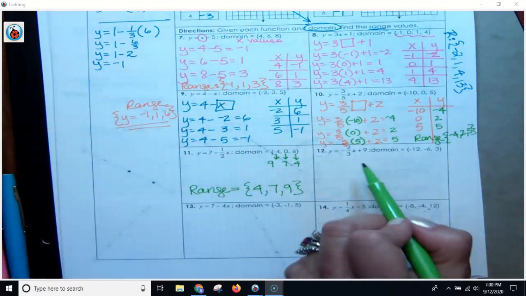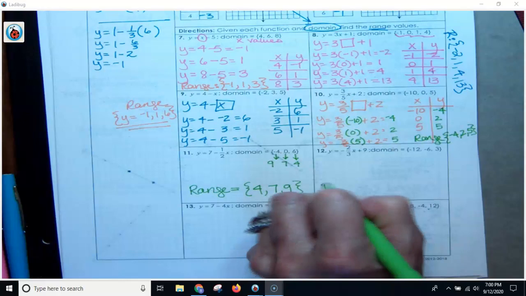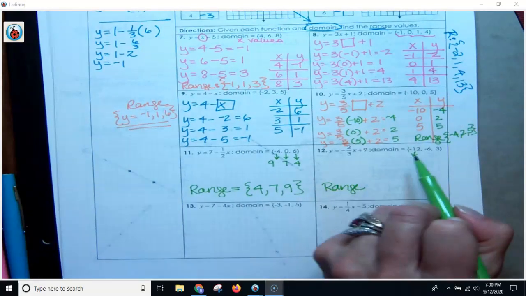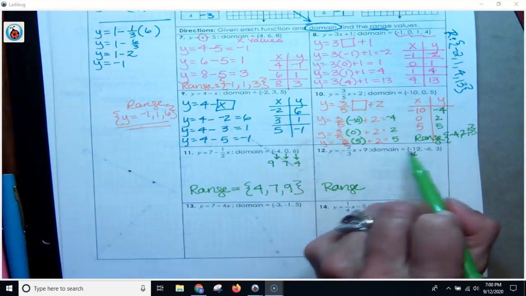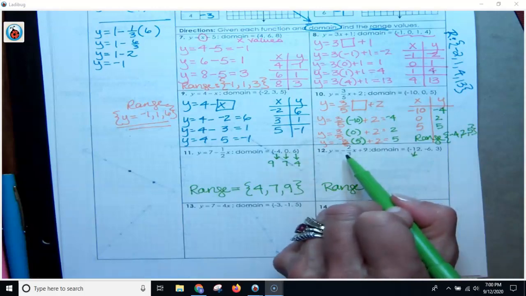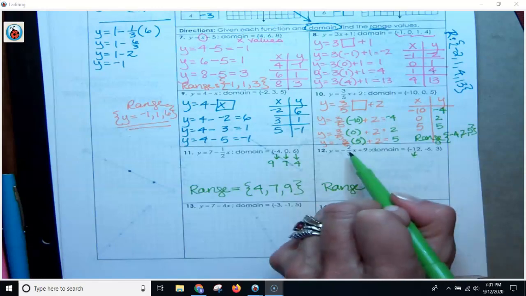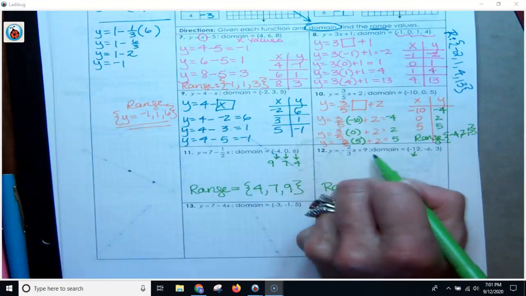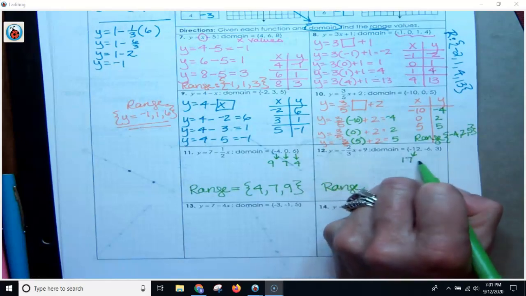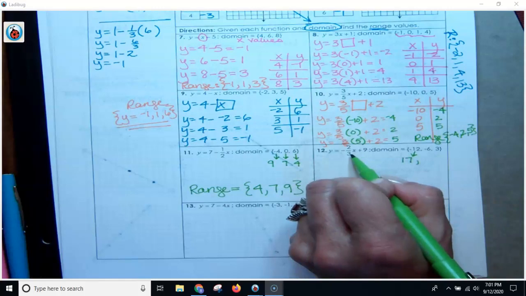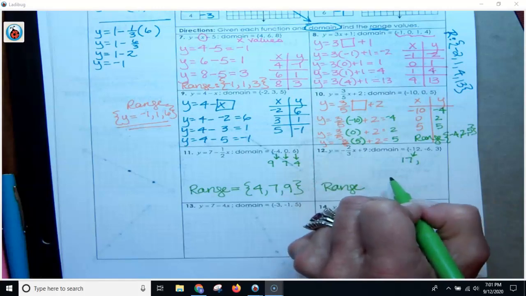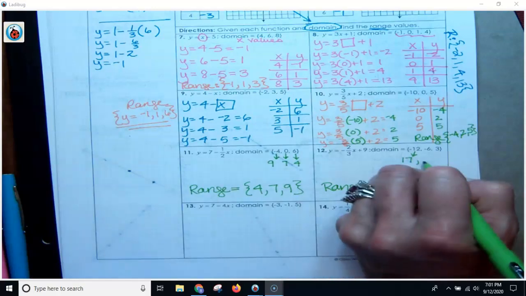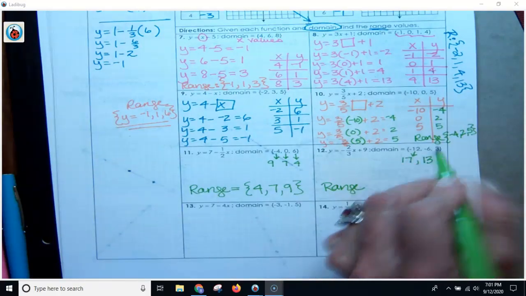All right. And in this situation, I'll just talk this one out with you. When x is -12, a negative times a negative is going to become a positive. 12 times 2 is 24, divided by 3 is 8. 8 plus 9 is 17. -6 times -2/3 is going to give me +4, plus 9 is 13.